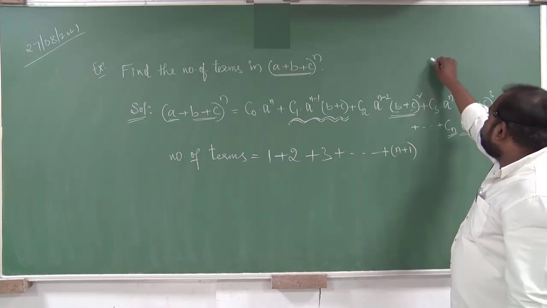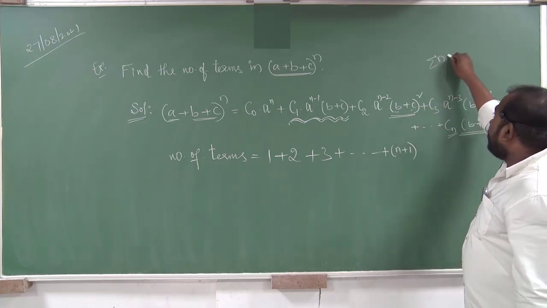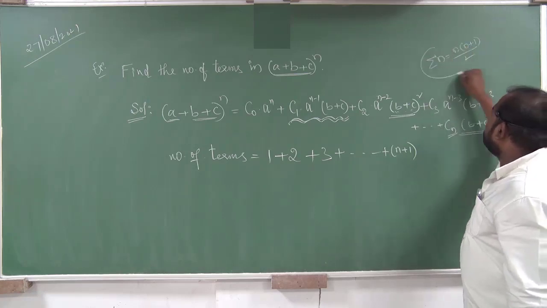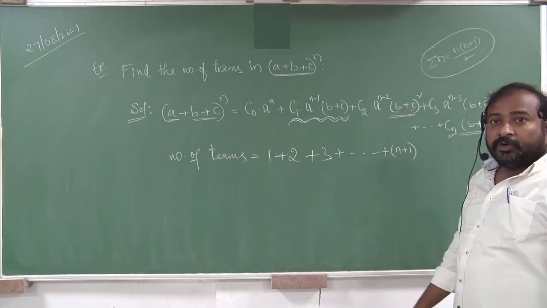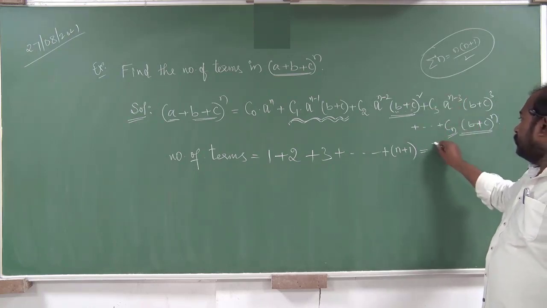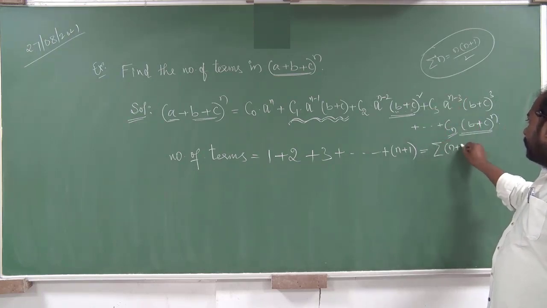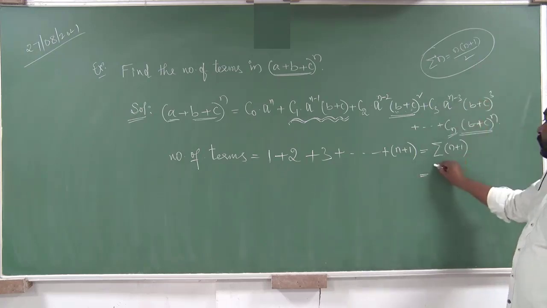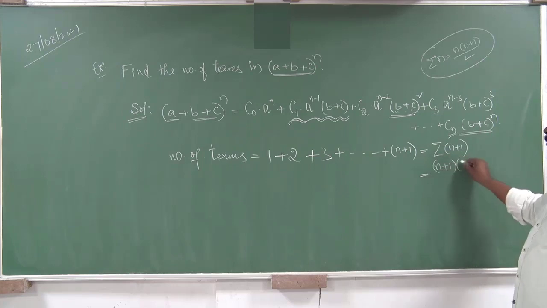So already we know, what is the sigma n formula? n into (n + 1) by 2. Sigma n is equal to n(n + 1)/2. So instead of n, here n + 1 is there. What is the value? Sigma (n + 1) is nothing but (n + 1)(n + 2)/2.